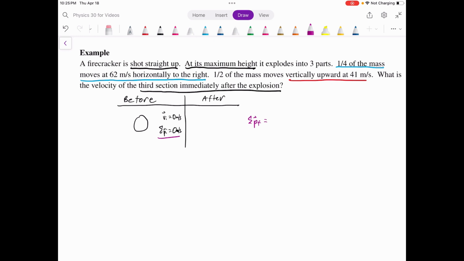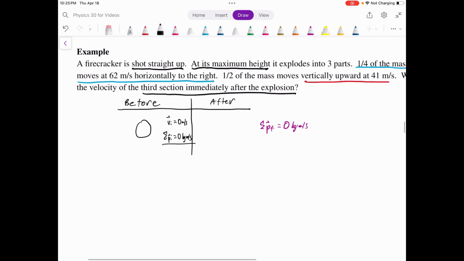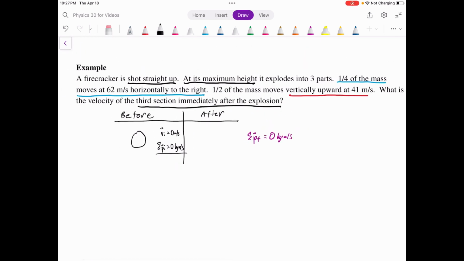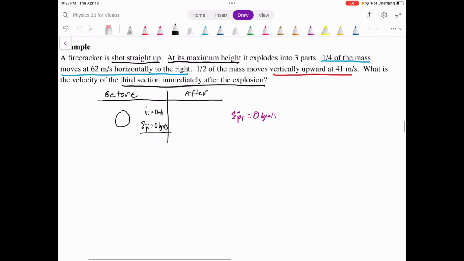It is also 0. Whoops, I accidentally said meters per second for my momentum here. That should, of course, be kilogram meters per second. Okay, now how's that going to be the case? Let's think about that a little bit. We know that it's exploded into 3 parts. We know that 1/4 of the mass moves at 62 meters per second horizontally to the right.